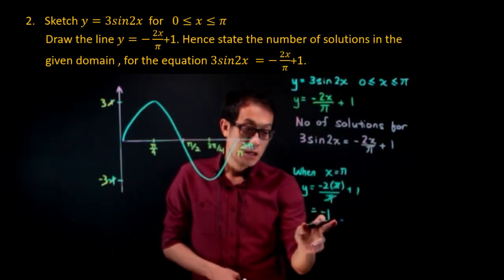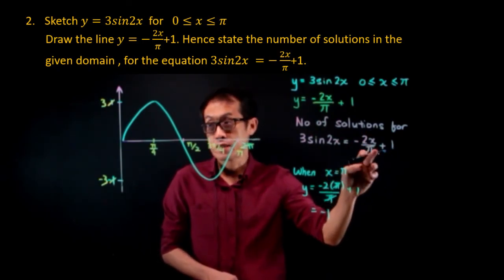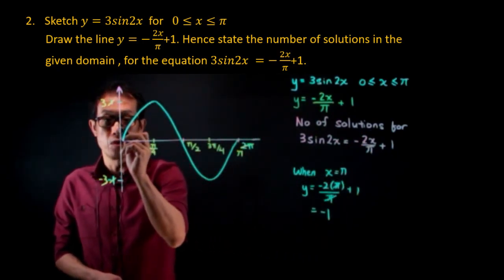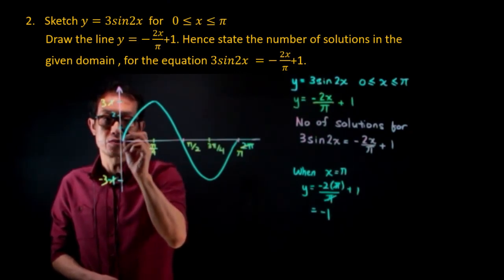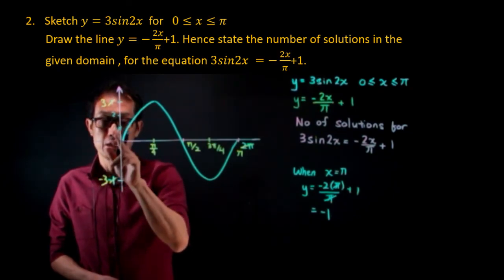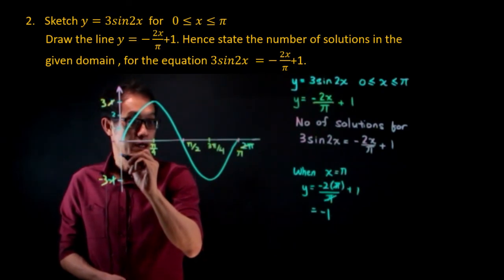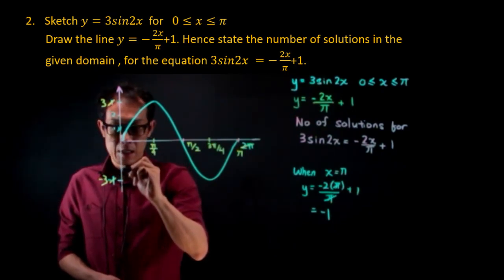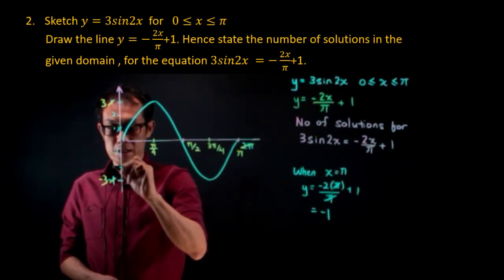Okay, so where did it cut the y-axis? It cuts the y-axis at 1. So if this is 0, 1 will be here, 2 will be here, let's say, so it cuts the y-axis at here. Now, let me just draw this. This is minus 1, so let's say this is minus 2.